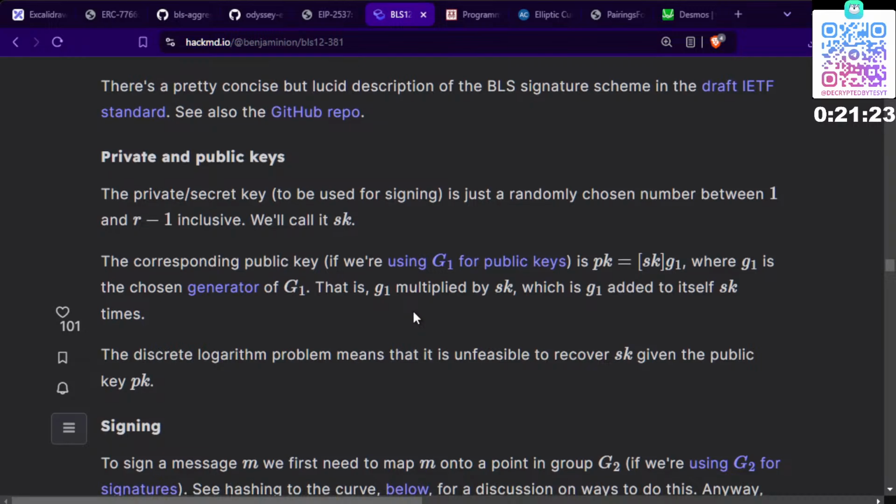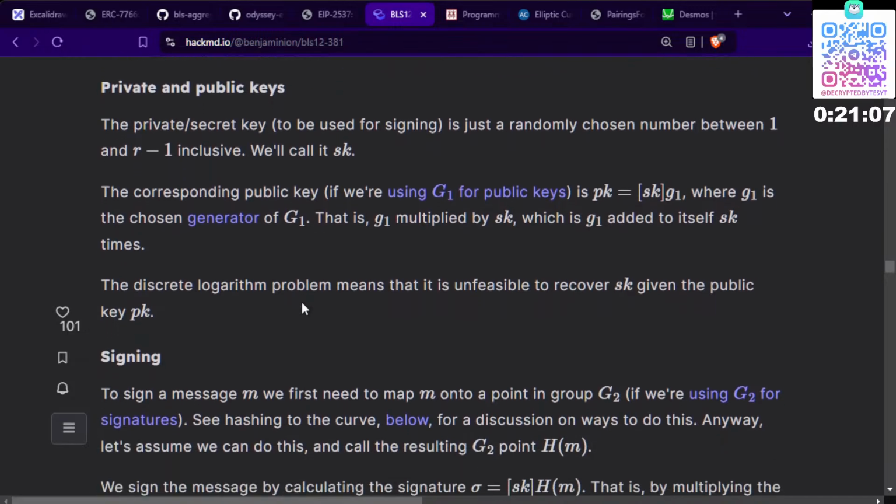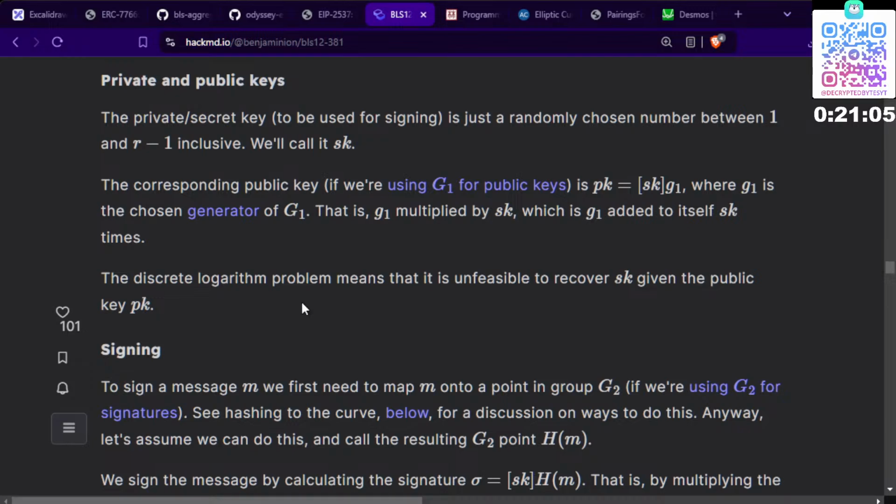There is a pretty concise but lucid description of the BLS signature scheme in the draft IETF standard, also on a GitHub repo. I will check that. Private and public keys. The private key to be used for signing is a randomly chosen number between 1 and r minus 1 inclusive.